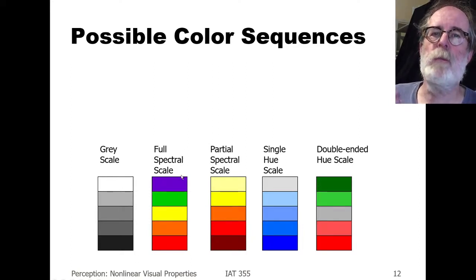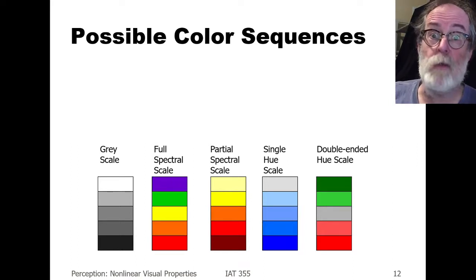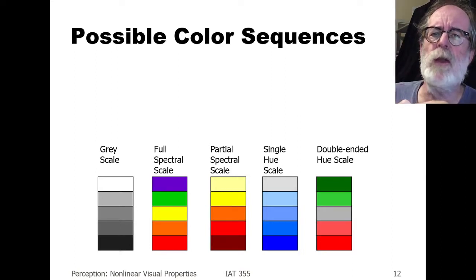You often see people wanting to use the full spectral scale because people have in their mind, oh, well, there are numbers attached. I just pick off the wavelength, 400 to 700 nanometers, translate that, and bam, Bob's your uncle, I've got a color scale that's accurate. But the problem is, our ability to sense color, as we showed in the CIE chromaticity diagram, is extraordinarily nonlinear.